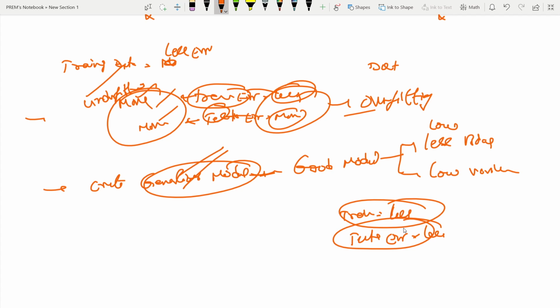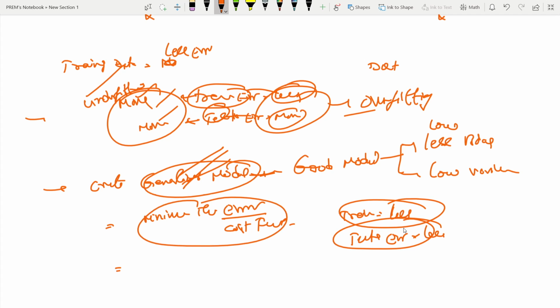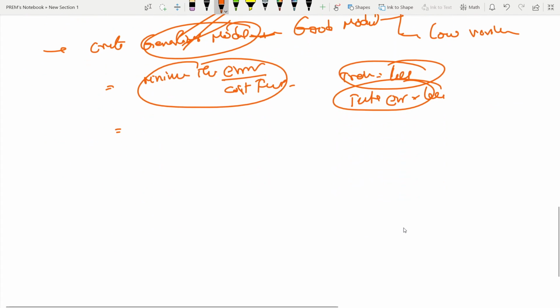For getting a generalized model, what are we supposed to do? We have to minimize the error, which means minimize the cost function. So how do we minimize this cost function? What is meant by cost function? The cost function is sigma i equal to 1 to n of yi minus y hat.